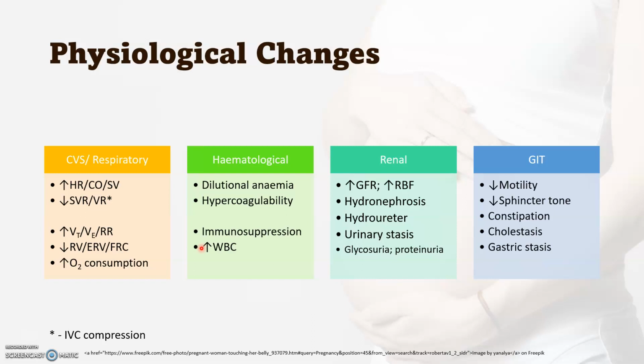There is an increase in both minute volume and tidal volume in the pregnant woman because there is an increase in oxygen consumption with the baby on board. However, in late pregnancy in particular, there are changes to the lung volumes with a decrease in expiratory reserve volume, functional residual capacity, and residual volume.